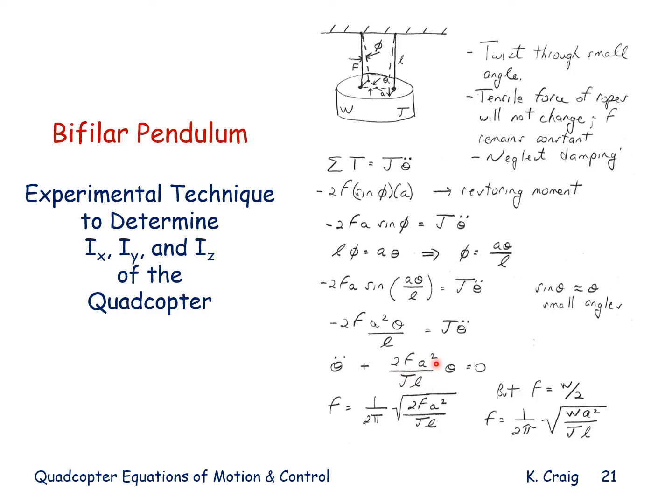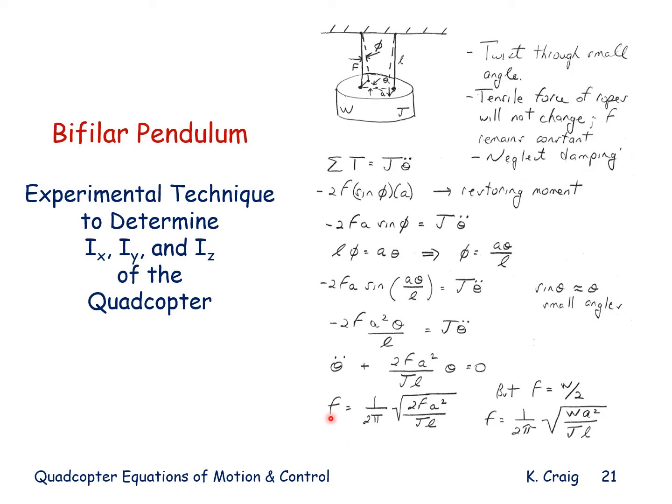So 2 F a squared over J L is equal to the square of the natural frequency in radians per second. And therefore, for the natural frequency in hertz, I multiply radians per second by 1 over 2 pi, where 2 pi is radians per cycle, and I get a frequency in cycles per second.